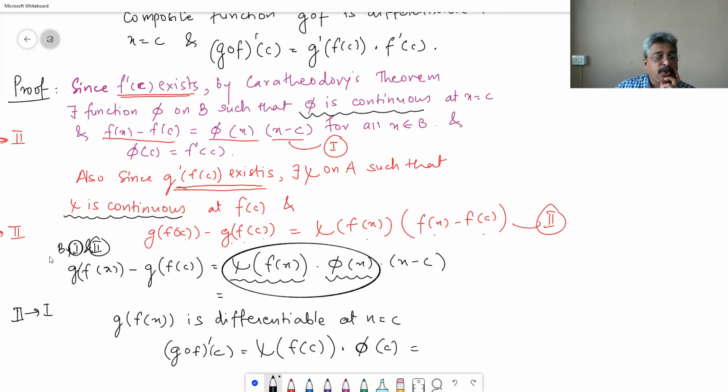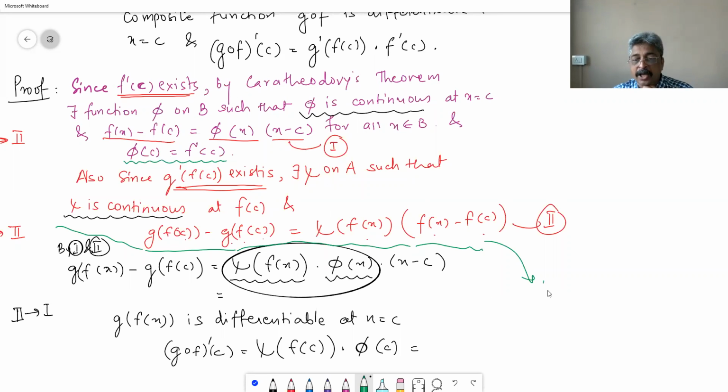once we have done this 2 here, we should have written the meaning like this. Phi of c is equal to f dash of c. Like that, I missed one statement here. After 2, what statement we should write? After 2 here, what statement we should write?